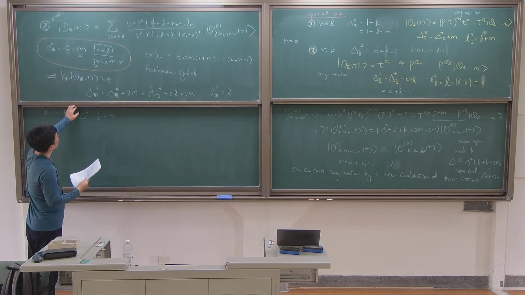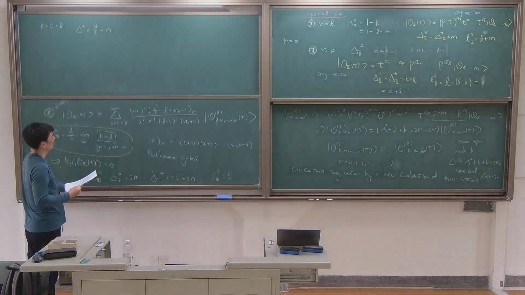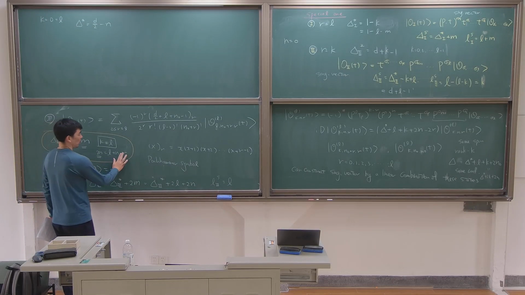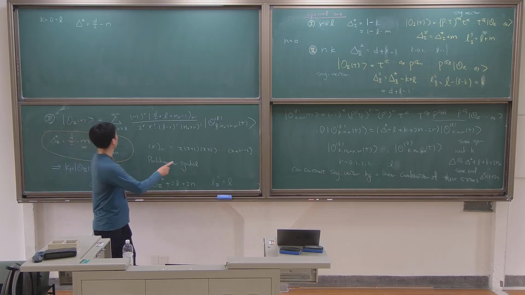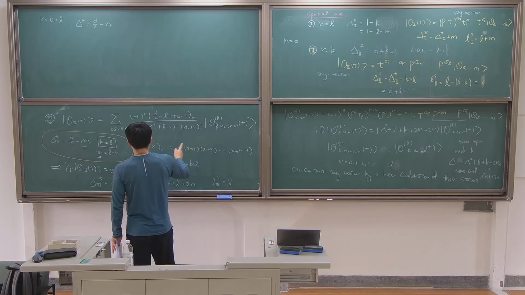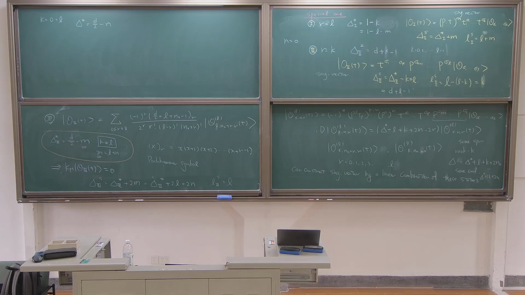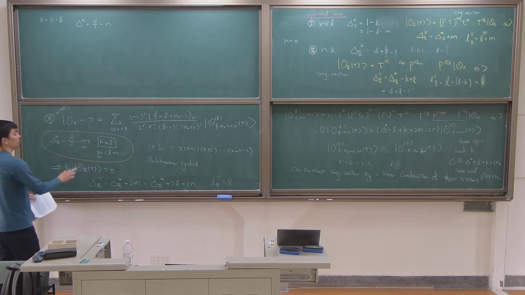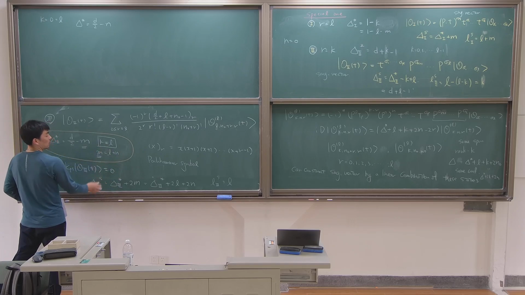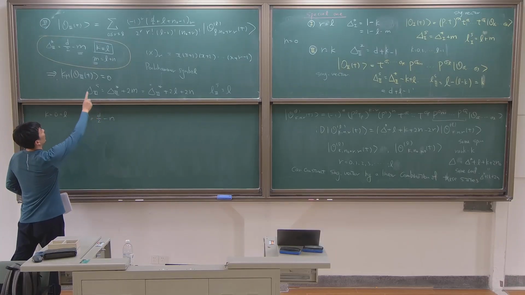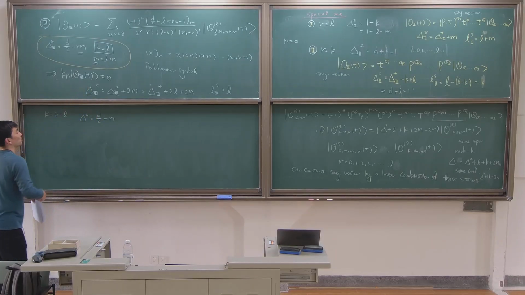I don't think I need this R here, to be honest, because my R can run from 0 to L. So there must be a typo in my lecture note. R can be 0 to L, so we can set M equal to R equal to 0. So when L is equal to K equal to 0, this is the conformal dimension.